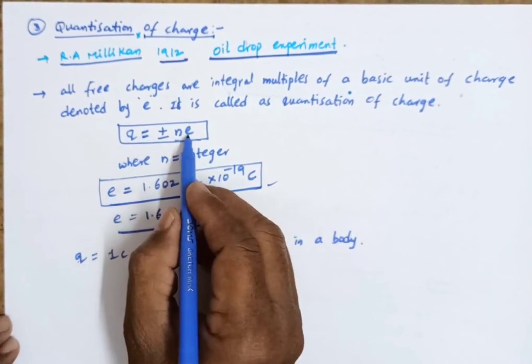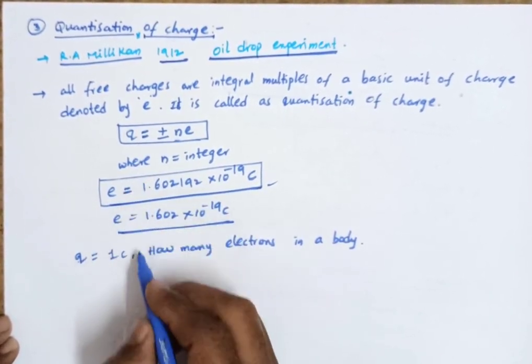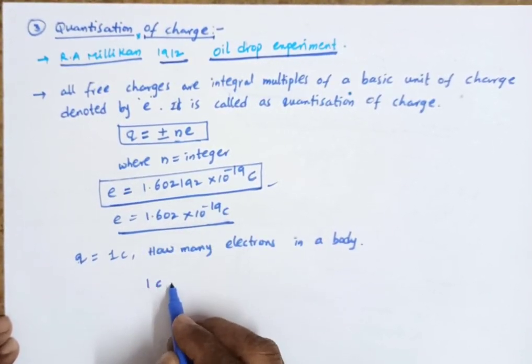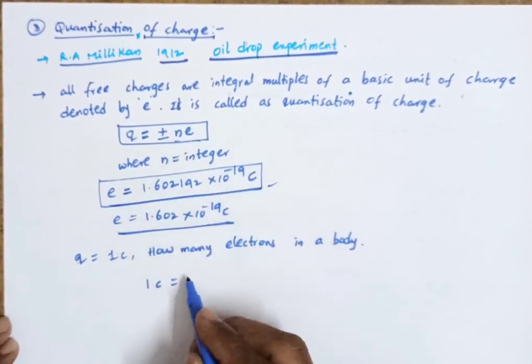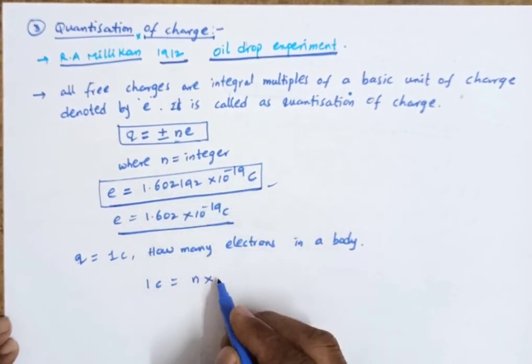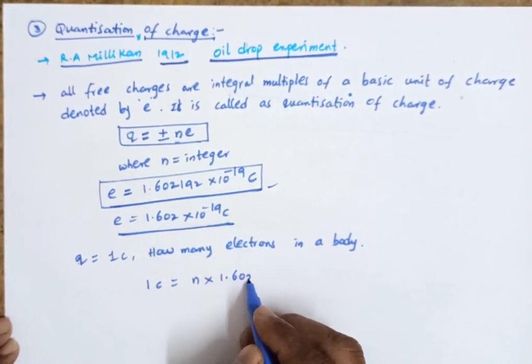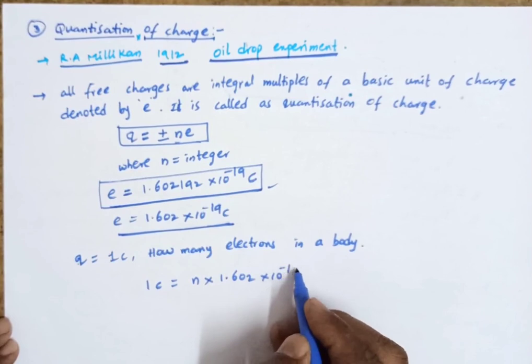We can calculate with this equation: Q equals 1 coulomb equals n e, where e equals 1.602 × 10^-19.